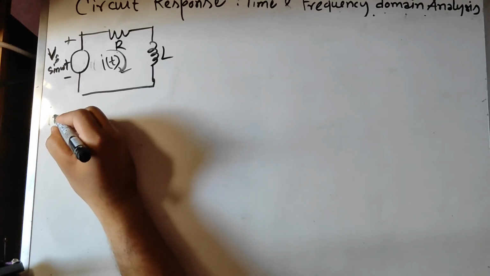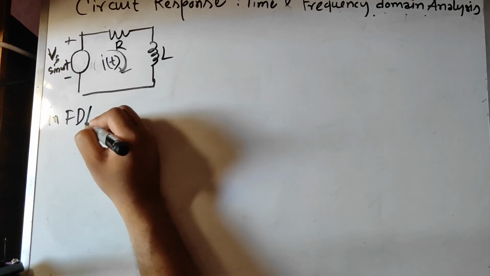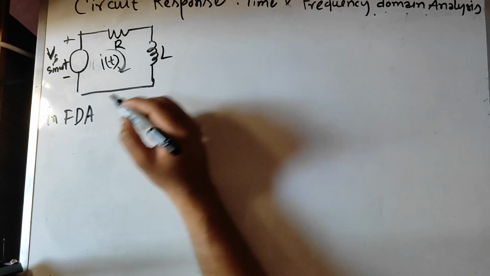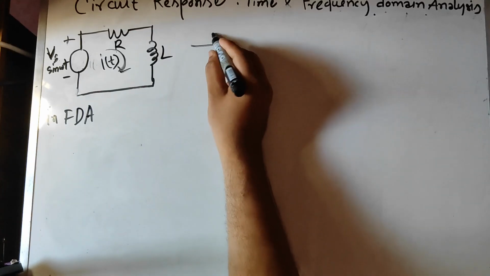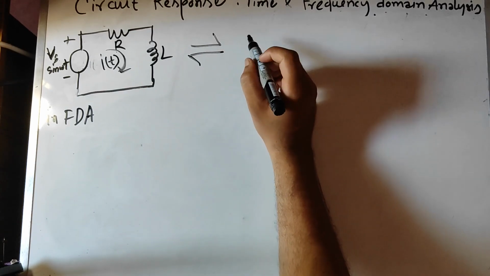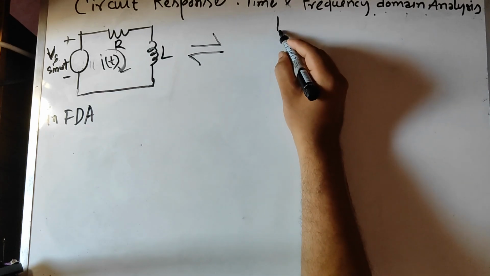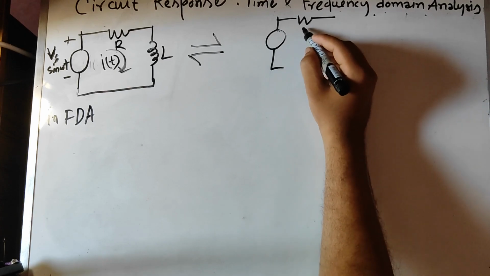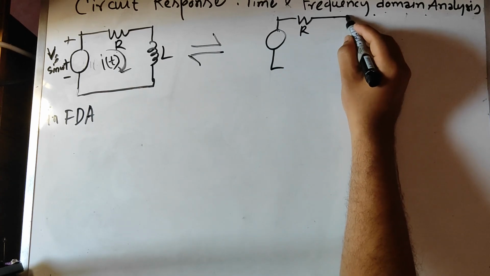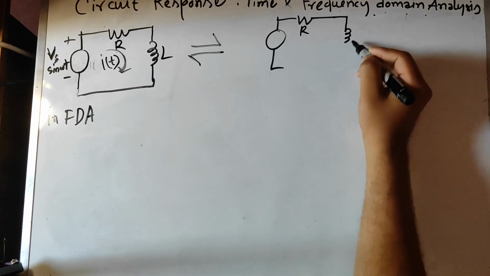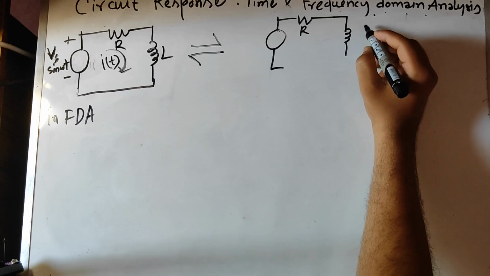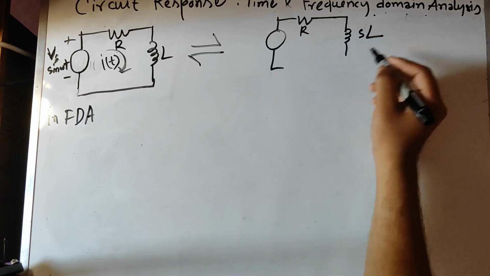Now in frequency domain, this is an LTI system, so we can apply the Laplace transform. Here R is frequency independent, so it will remain the same, but L is frequency dependent, so it will change into sL.